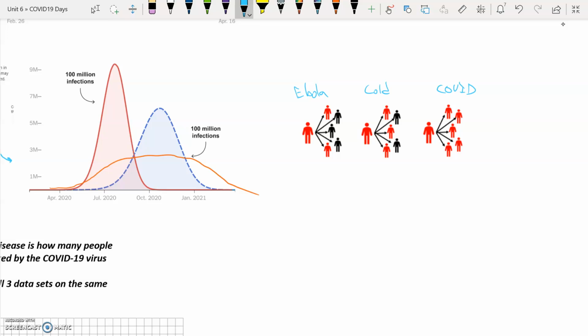Those two infected people, in turn, infect two more people. So this person would go on and infect two more people, and this person would go on and infect two more people. Common cold, a bit more contagious, so each infected person is infecting three more people, and then each of those people infects three people.